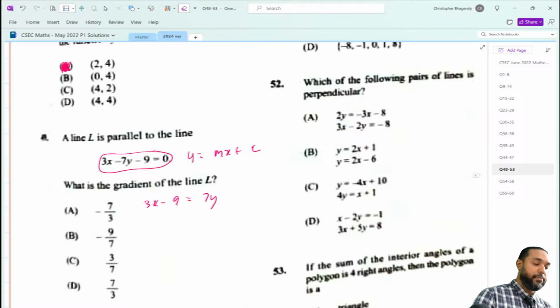And then we could divide by 7, right? And the coefficient is the gradient. So 3 over 7. Yeah. Whew.